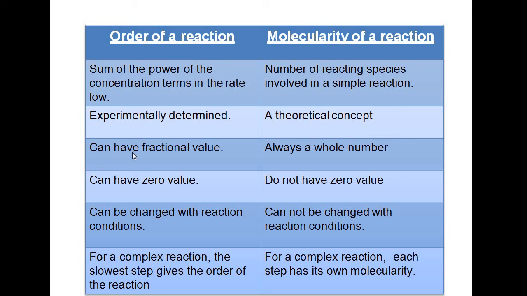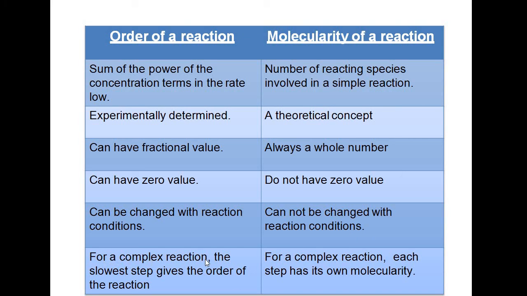Order of reaction can have a fractional value, whereas molecularity is always a whole number. Order of reaction can have zero value, but molecularity cannot be zero. Order of reaction can be changed with reaction conditions. Molecularity cannot be changed with reaction conditions.